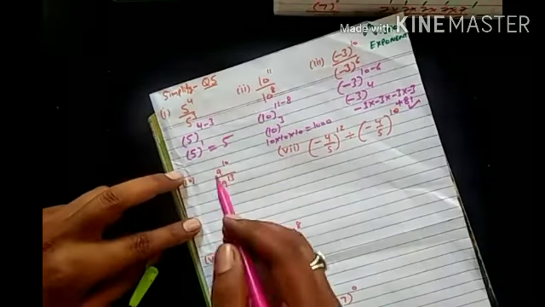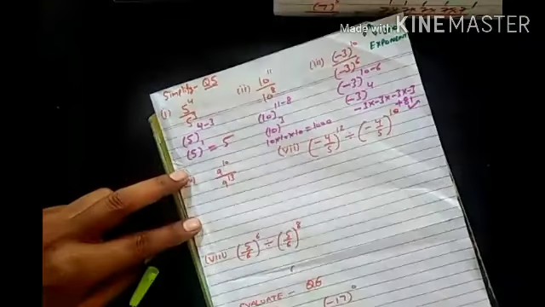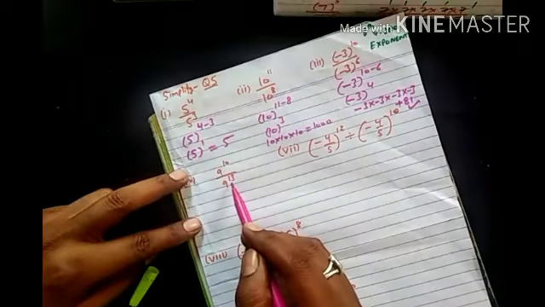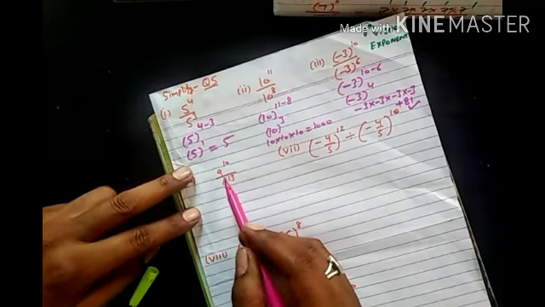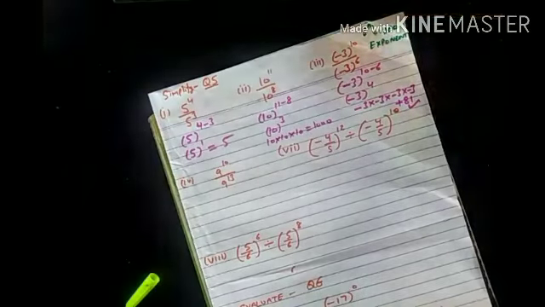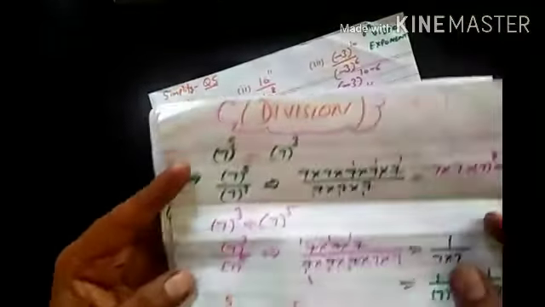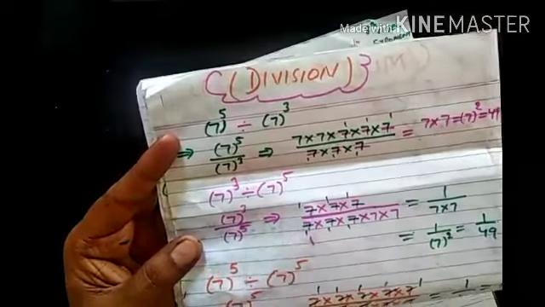Now this sum is different from all three parts we have done earlier, as the 13 is in the denominator and the 10 is in the numerator, with the same base 9. So what will we do in this type? See, remember this part, 7 cube divided by 7 to the power 5.